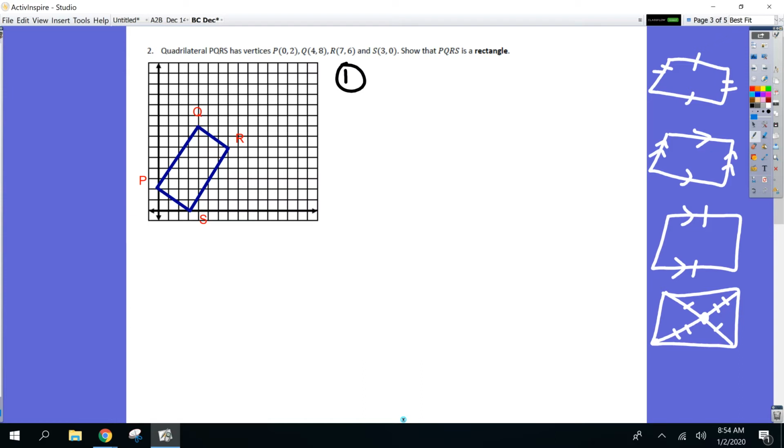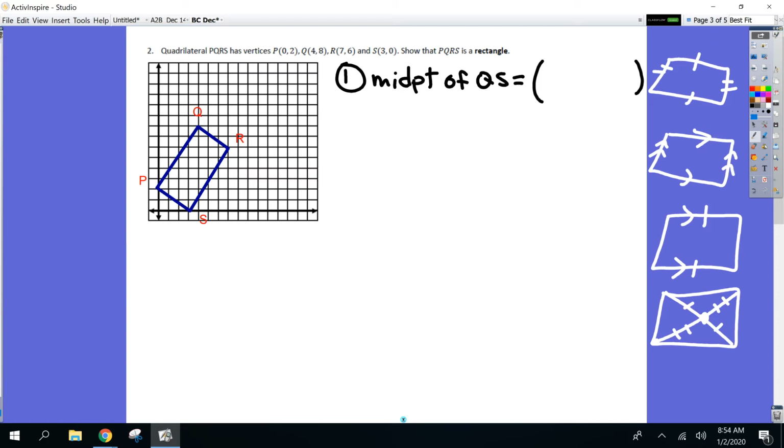So I got to find the midpoint of what 2 segments now? PR and QS. All right, here we go. So step 1, you show me the formulas. Distance, you show me distance. Slope, you show me slope. Midpoint, you show me midpoint. So midpoint of QS equals, ooh, we can remember the midpoint formula?